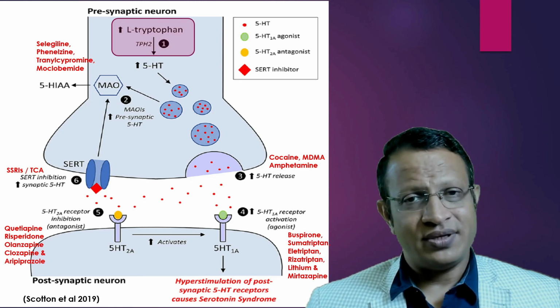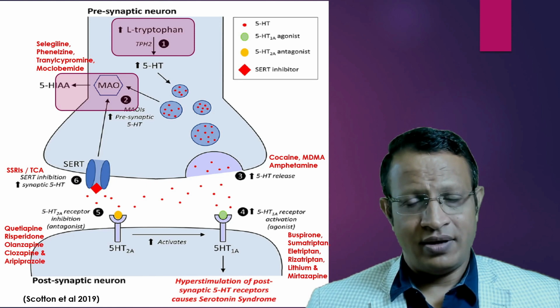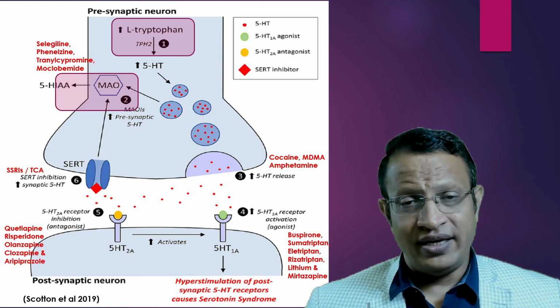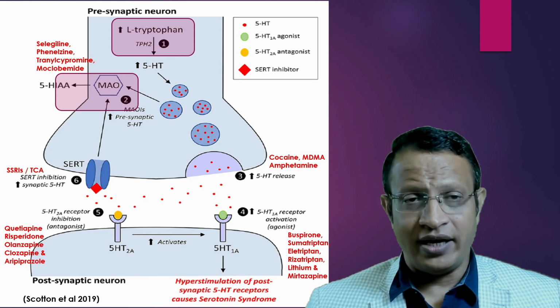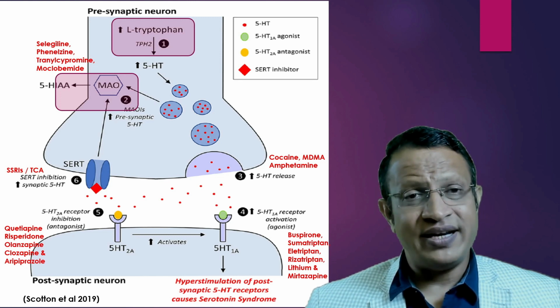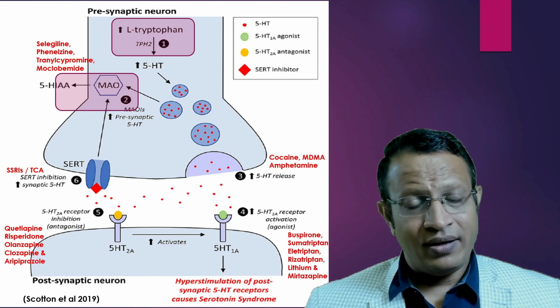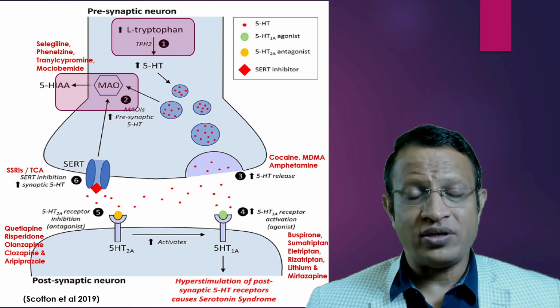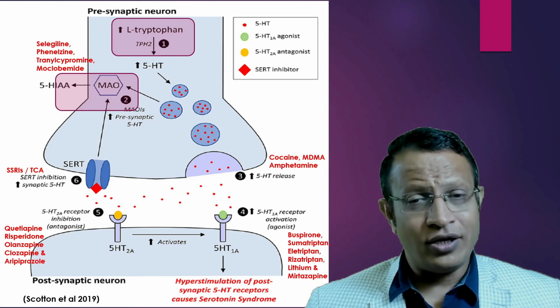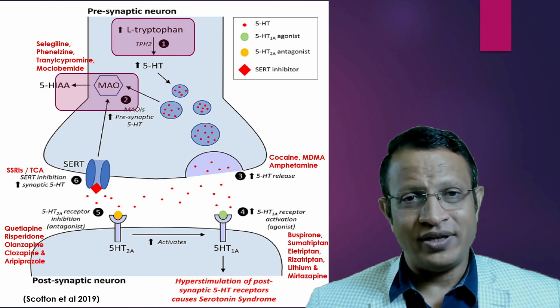This can induce serotonin syndrome. Let's look into the second one. If along with the SSRI, that is serotonin reuptake inhibitors, monoamine oxidase inhibitors are given together, then monoamine oxidase inhibition occurs and serotonin availability increases. Hence, there will be serotonin syndrome.